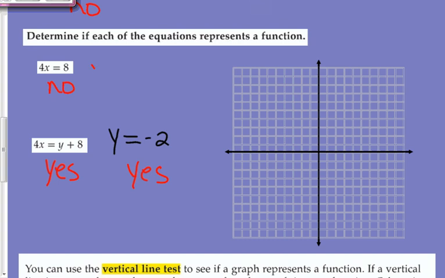So if it ever says like x equals 3, that's a no, not a function. You have to have a y in there somewhere. It can be a y without an x or an x and a y together. Another way is to make a table of those values and plot them, see how they line up.